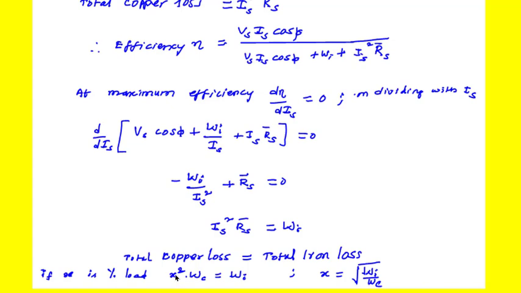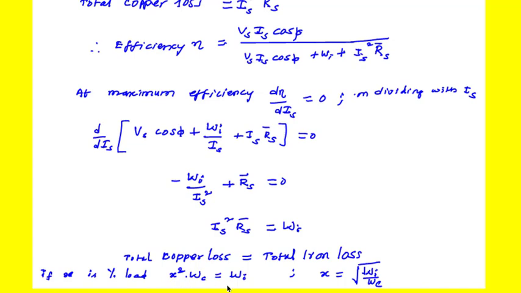So copper loss only will change. So we write here X percentage of the load. So we write copper loss changes with the square of the current flowing. So we write X square, that is load current divided by full load current. That is what we get here. Means it will be less than 1.